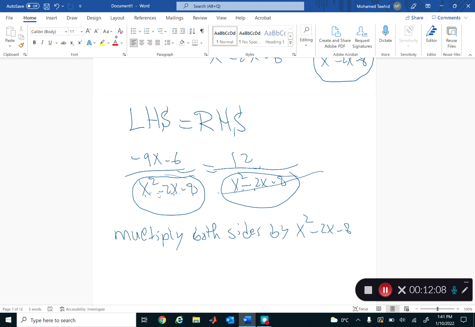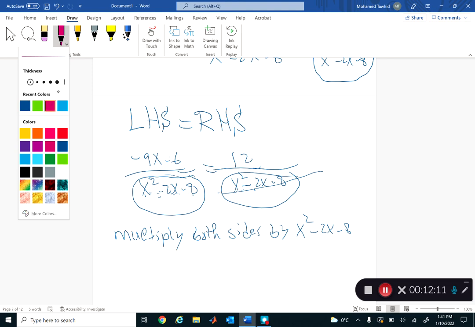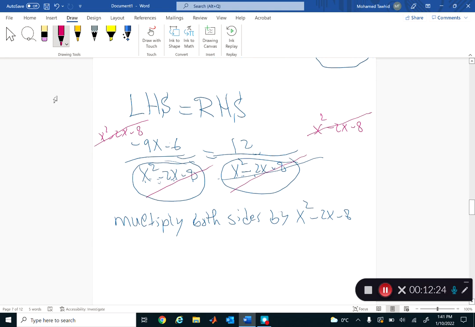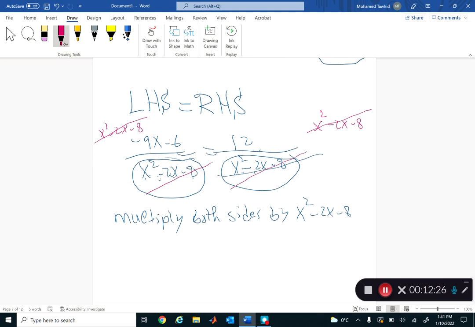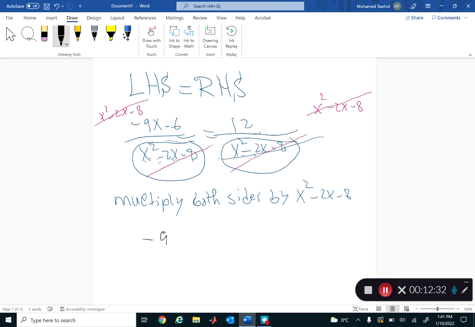So if I multiply here by x squared minus 2x minus 8, and here x squared minus 2x minus 8, I put it in red, multiply both sides. This term cancels with this one, also cancels with this. So what did you get here? What I have here, you have negative 9x minus 6 equal 12.